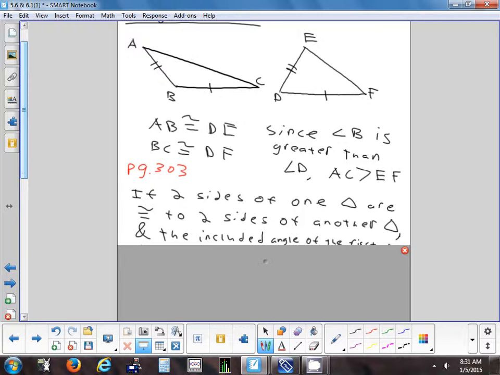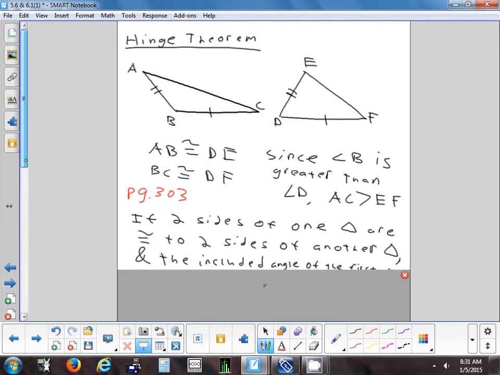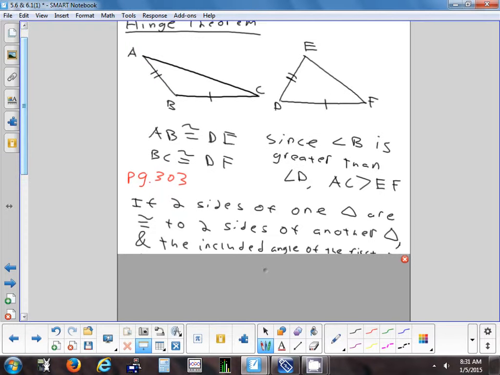Okay, so the Hinge Theorem says, if two sides of one triangle are congruent to two sides of another triangle, that's the first part.